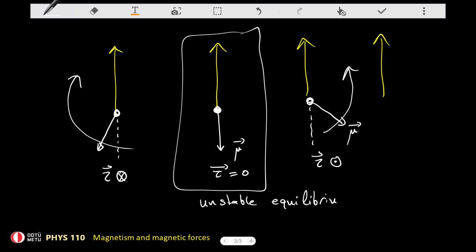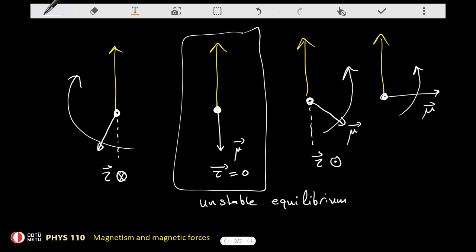All right. So as a result, for all other orientations as well, you can see that the torque is always in a direction which tends to make the magnetic dipole moment parallel to the magnetic field.